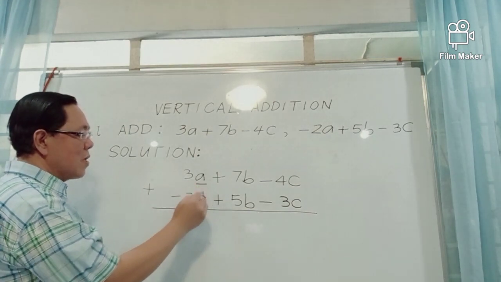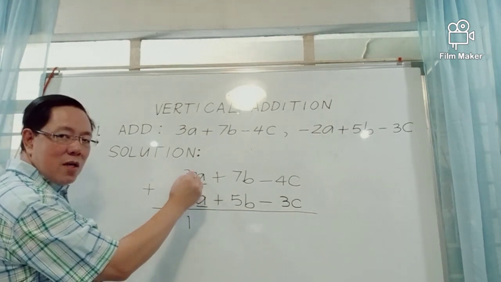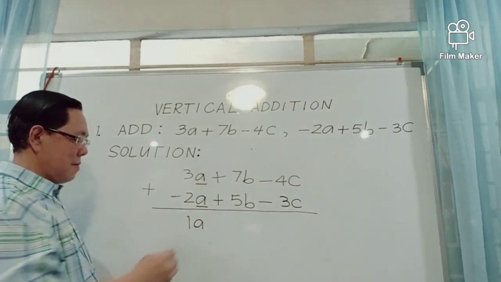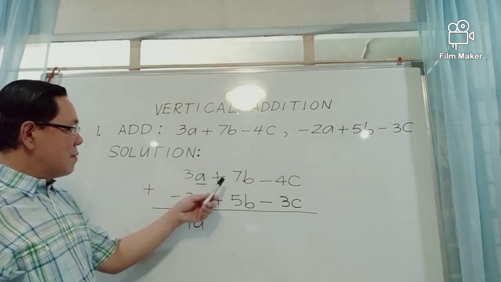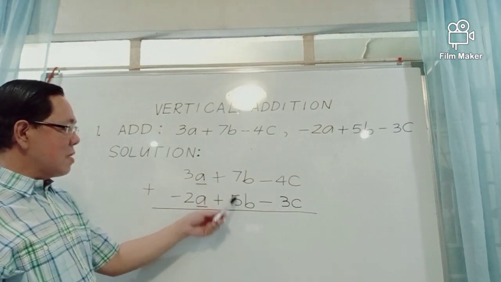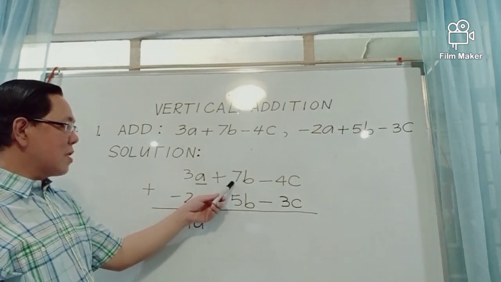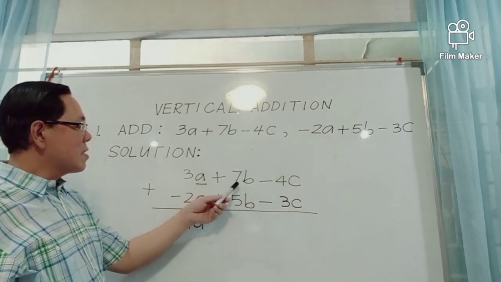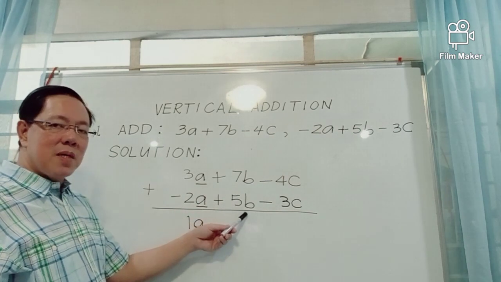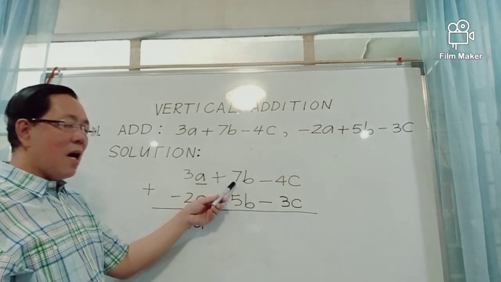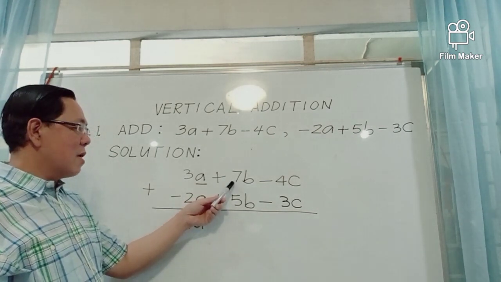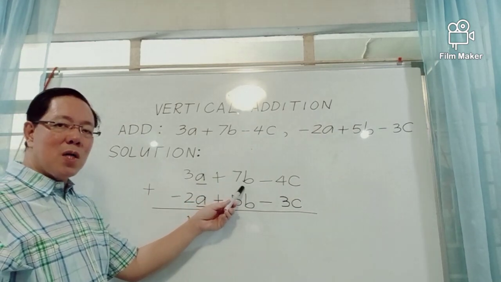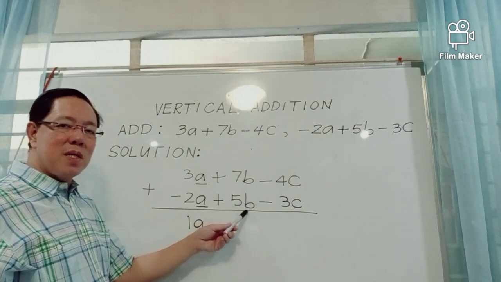And copy the common literal coefficient of these like terms, a. To get the sum of the second column, we add 7b and 5b. But we only add the numerical coefficients 7 and 5, and we copy the common literal coefficient b.